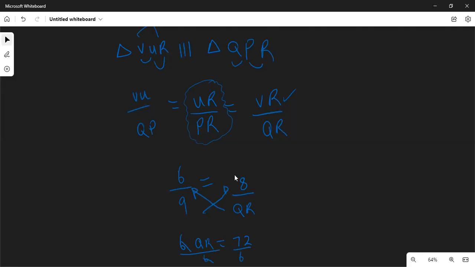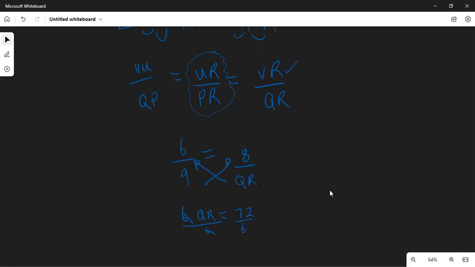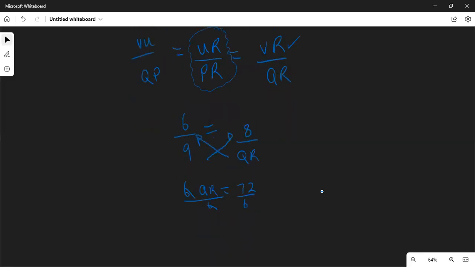So if we divide by 6 both sides, that means QR is going to give us what? QR is going to be 72 divided by what? 72 divided by 6, which is 12. All right. So the length of QR is 12 centimeters in this case. So that is how you use similar figures, just like that.